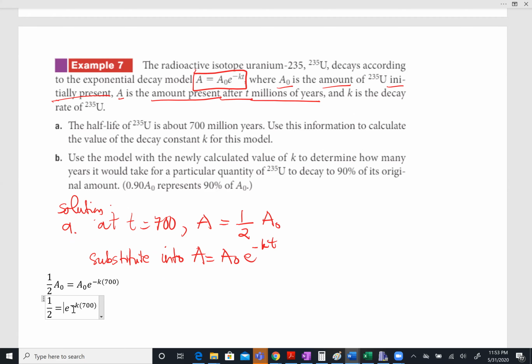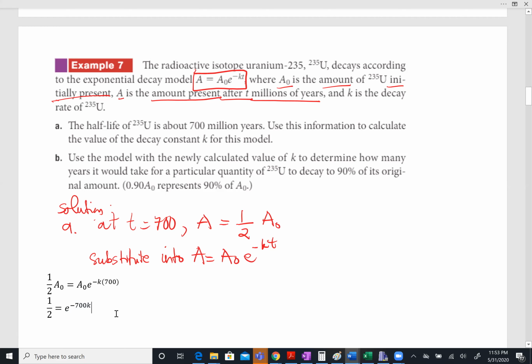Now I have e to the power negative k times 700, which I change to negative 700k because it's multiplication, equal to 1/2.